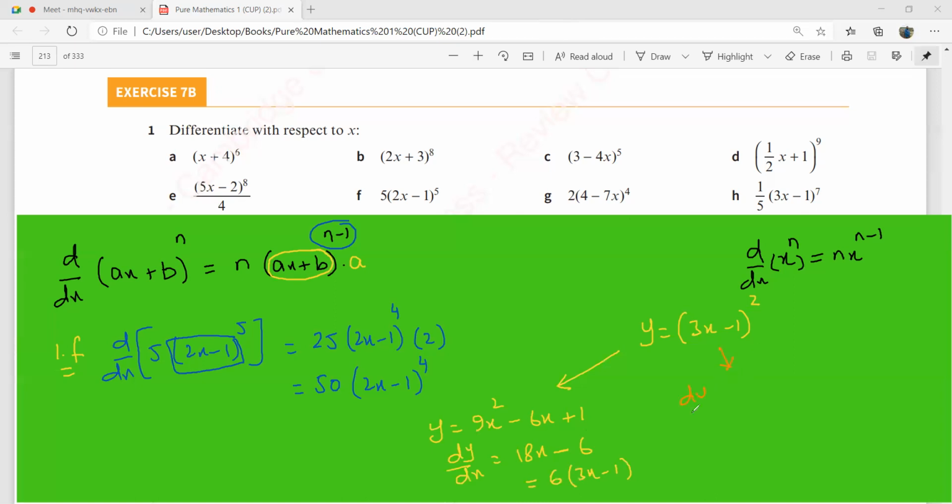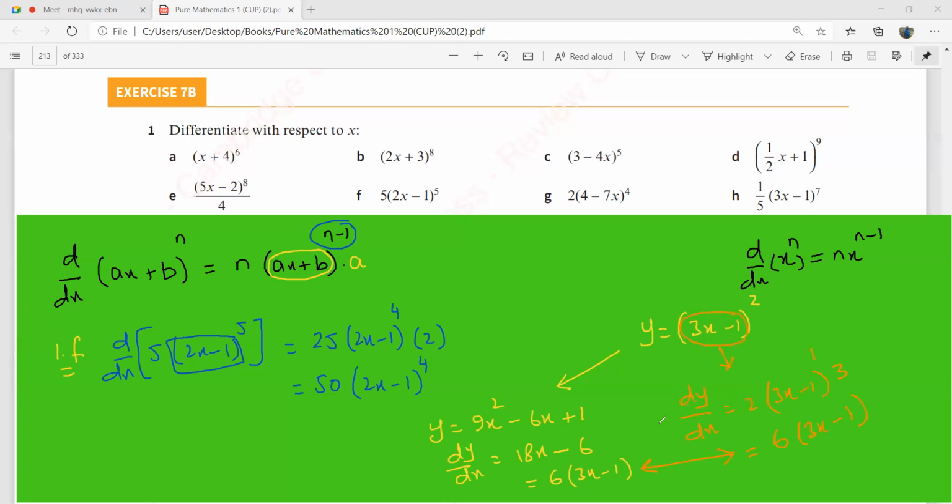This would be dy by dx, which is 2 into 3x minus 1, with power 1 left here, and then the derivative of this thing, that is 3. If you simplify this, it becomes 6 into 3x minus 1. So you see these are exactly the same.